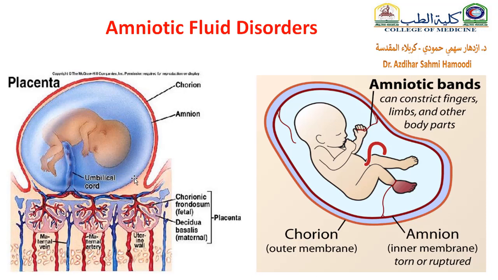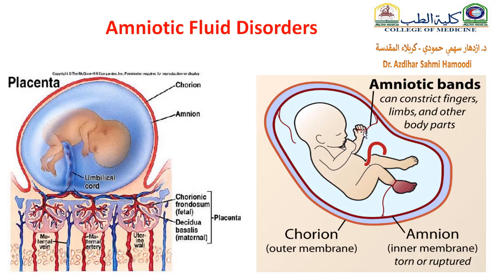This picture shows you again the normal membranes that surround the embryo, and the abnormal membranes here, where the amniotic membrane is injured for some reason, torn or ruptured, so that fibers or bands come from it towards the fetus and surround any fetal part, especially the extremities.